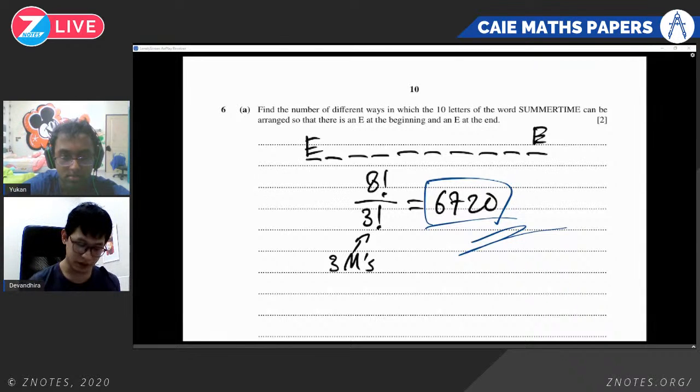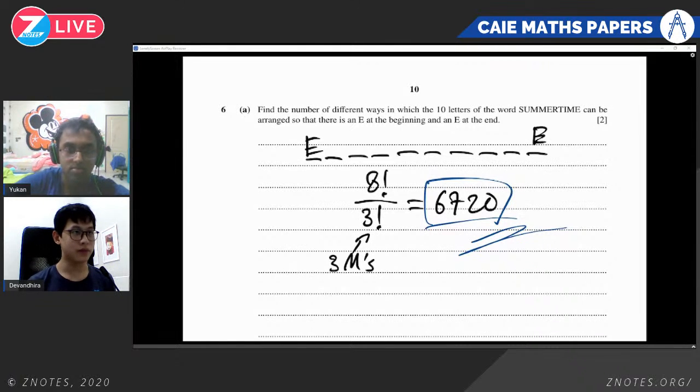At the first slot and the 10th slot, the E's are already taking the slot, so you can't play with them anymore. So how many slots do we have left, Yugen? We have 8 slots left. And there are 8 letters left. That means we want to put all the letters there.